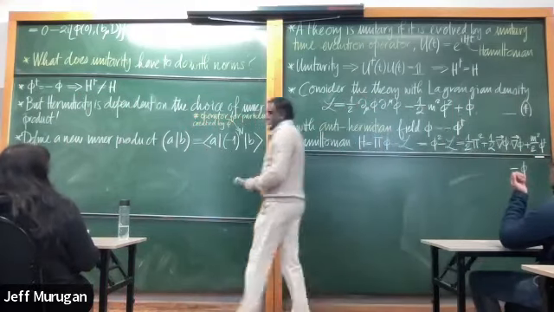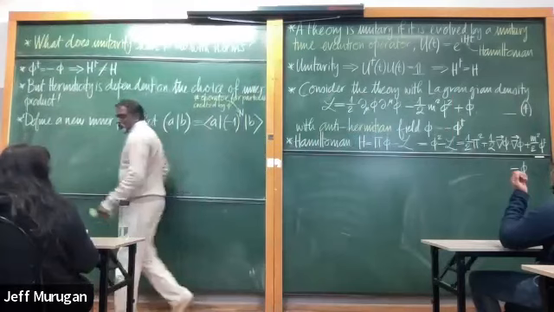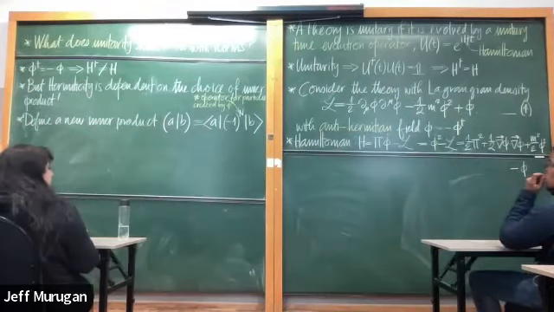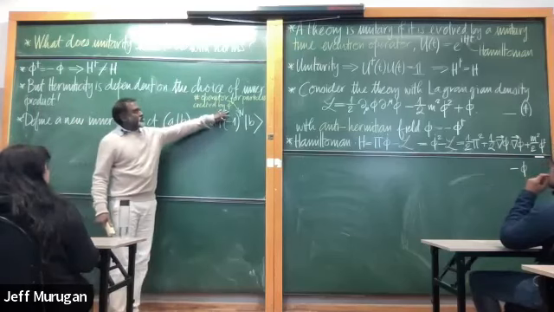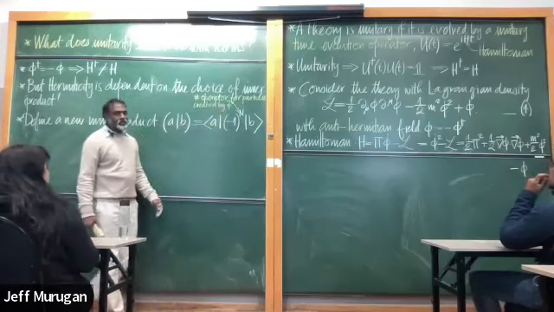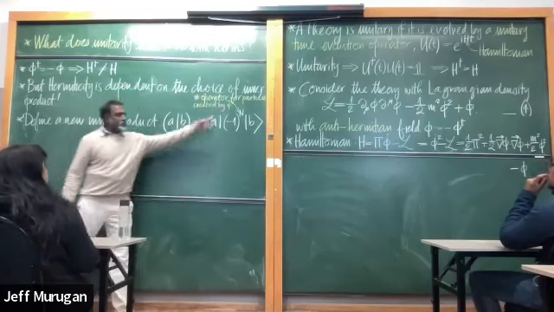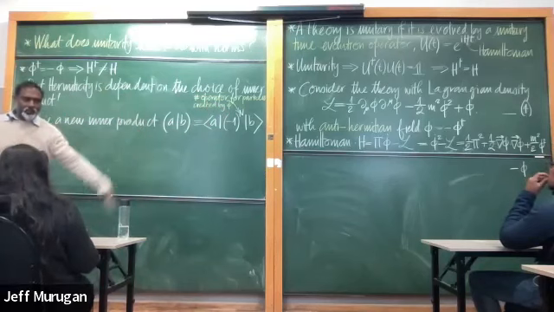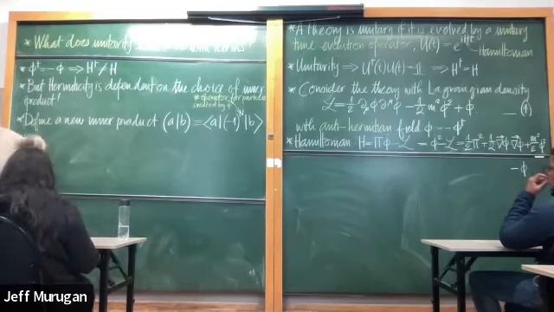So why does this help in any way? Well, notice the following. Since this is the number operator for particles created by phi, the action of phi changes N by 1, right? Whatever the value of N is, acting on that state with phi creates another particle, so it changes the value of N by 1.